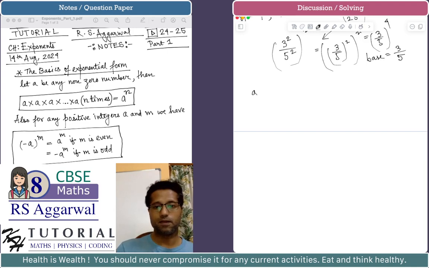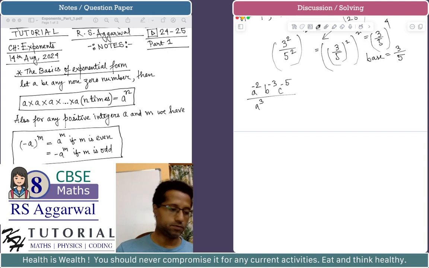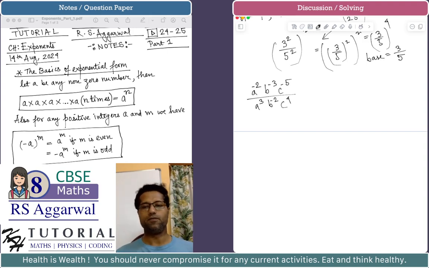So if we have something like a raised to the power minus 2, b multiplied by b raised to the power minus 3, and c raised to the power minus 5, whole divided by a cube, a raised to the power 3, b raised to the power minus 2, and c raised to the power 4, what will be the simplified value? You will be asked to simplify this in terms of a, b and c.